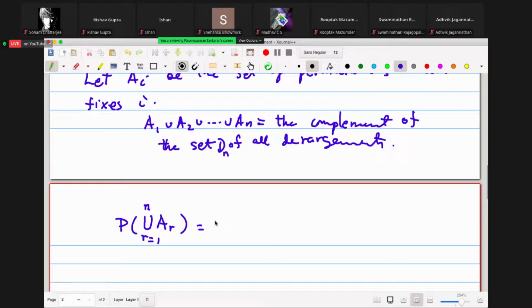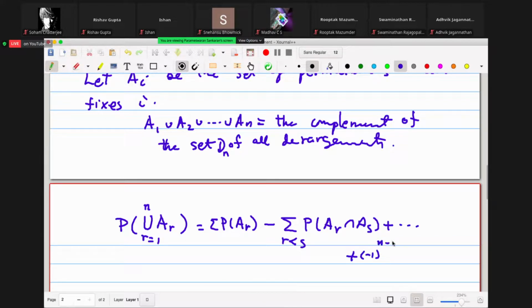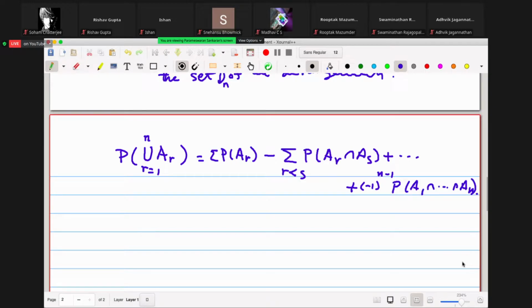This is equal to summation over probability of AR minus summation over probability of AR intersection AS, where R is less than S, and then plus and so on, and finally minus 1 power n minus 1, probability of A1 intersection AN.